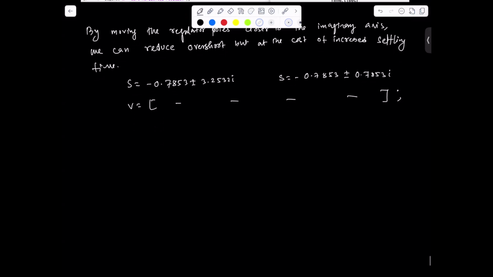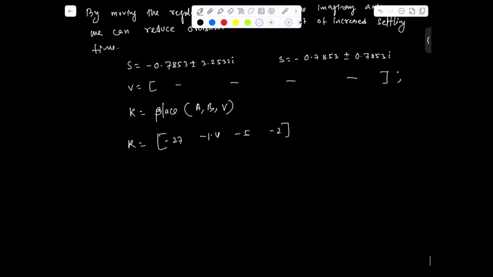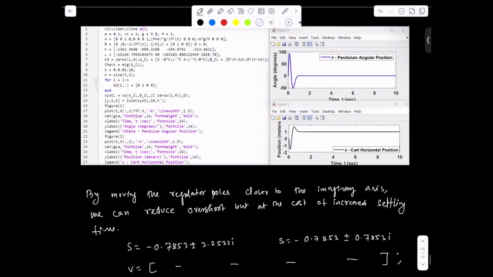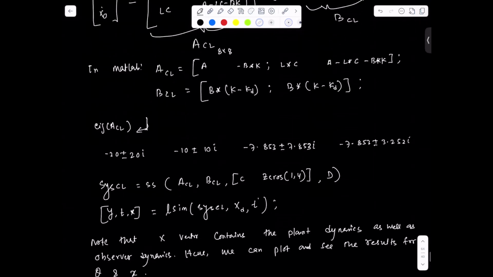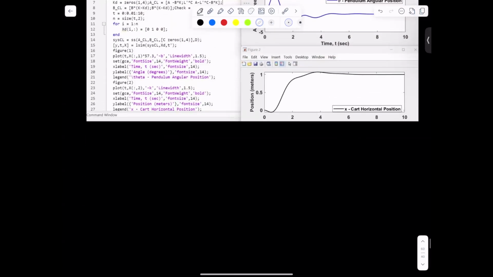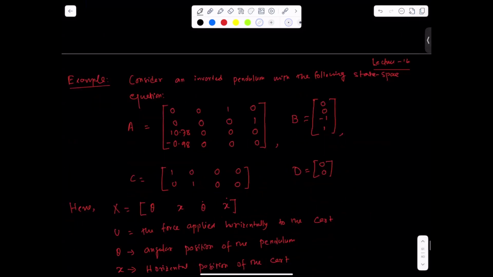And if you use k equal to place(A, B, V), we will get k equal to minus 2, 7, 1.4, minus 5, minus 2. And if you use this k for the above analysis, we have the MATLAB code for that as well. So let's look.